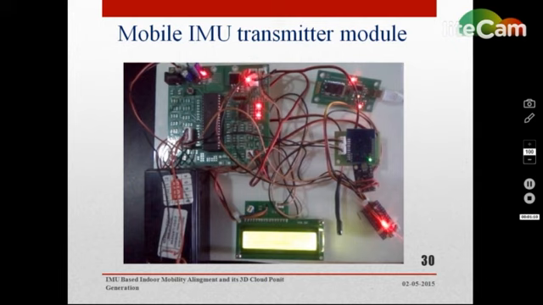This is the overall mobile IMU transmitter module. It has a battery connected to a microcontroller, and an LCD display connected to a moving object, which gives information about the object: where it is, its direction, and the number of steps. It is an IMU unit, which is a combination of several sensors, and this is a tap sensor.